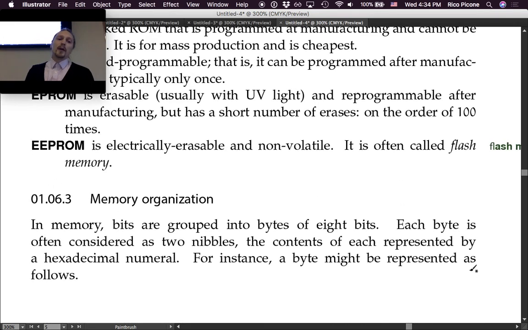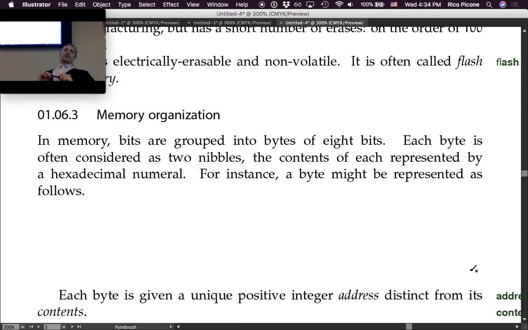Okay, memory organization. In memory, bits are grouped into bytes of 8 bits. So we already kind of mentioned that. Each byte is often considered as 2 nibbles, the contents of each represented by a hexadecimal numeral. For instance, a byte might be represented as follows.